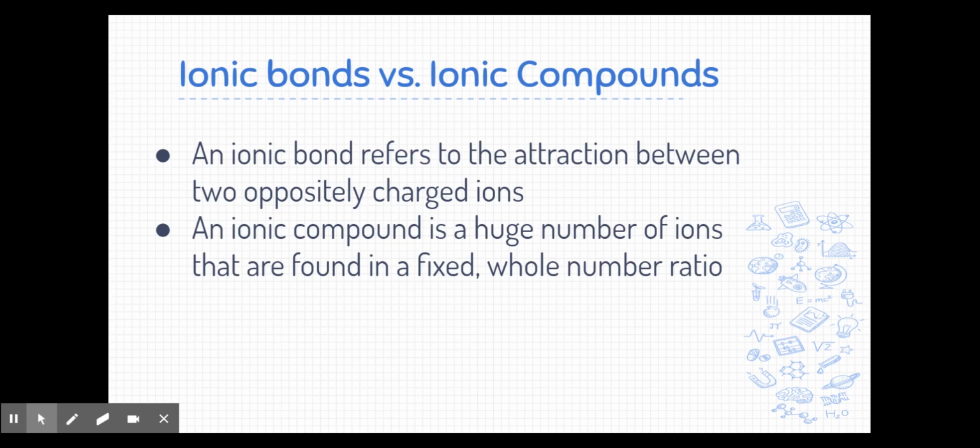Whereas an ionic compound is many, many ionic bonds that, when put together, are found in a fixed whole number ratio. Part of our exercise today is going to be to look at how to figure out that whole number ratio and why it occurs.